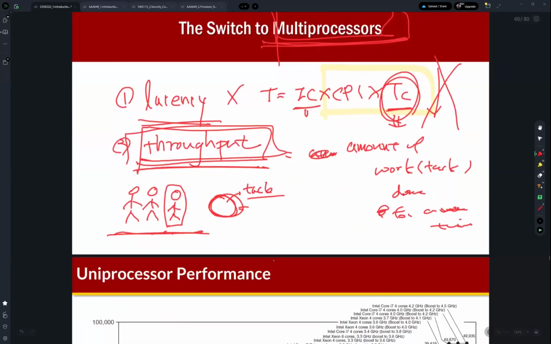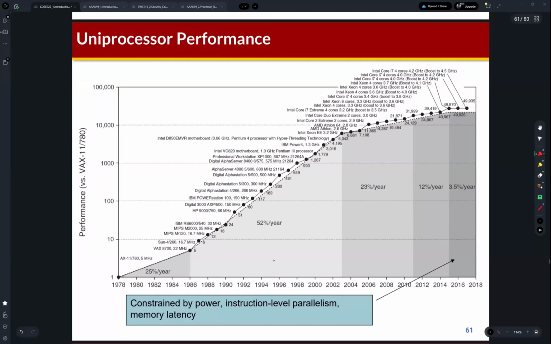Okay. So this graph shows the performance change of a uniprocessor, a single processor, by year. You can find the y-axis here, and the baseline, the VAX.